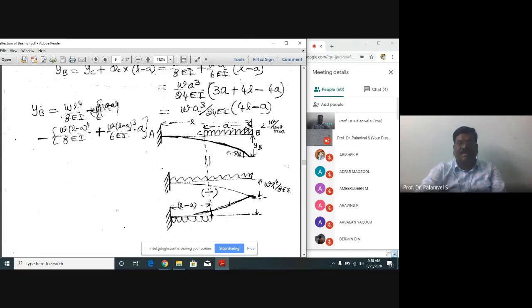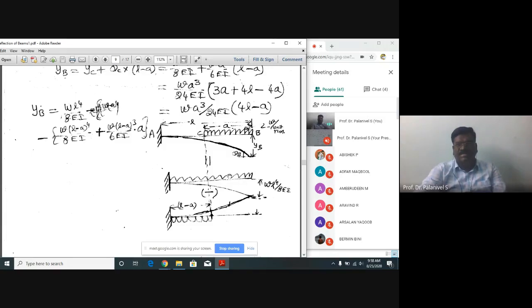Now, please see here, how to solve this beam. You have to apply the superposition technique. You consider a cantilever subject to UDL fully, and then another cantilever subject to UDL near the support in the upward direction. If you put it like this, the load is acting upward.